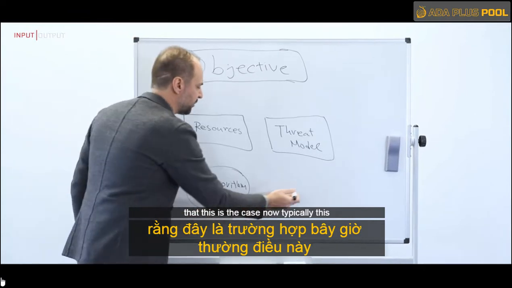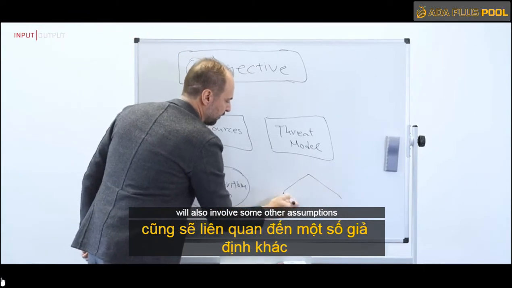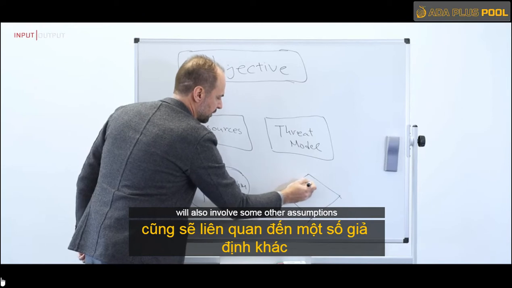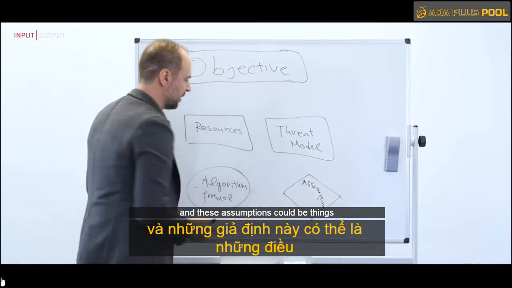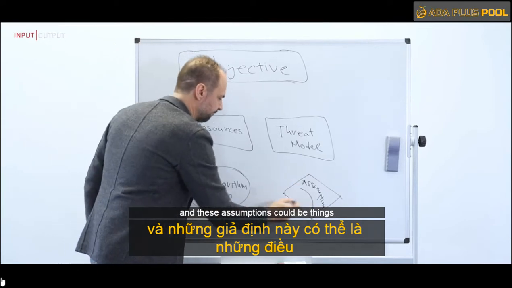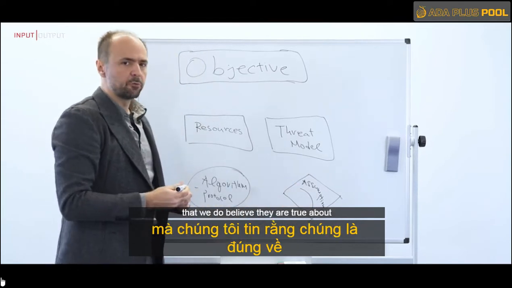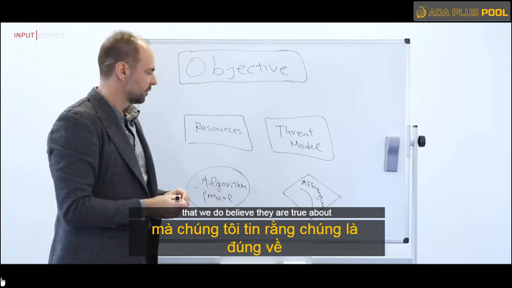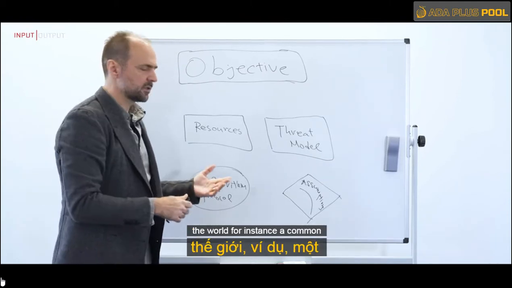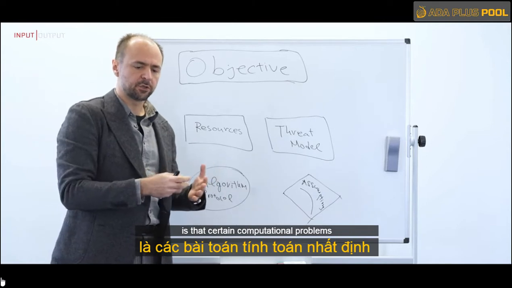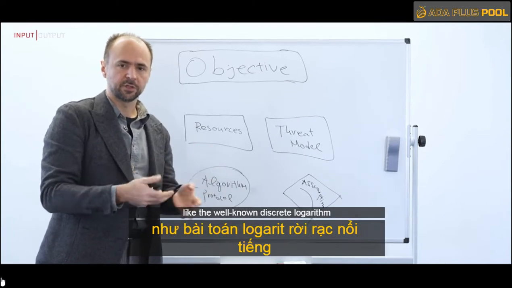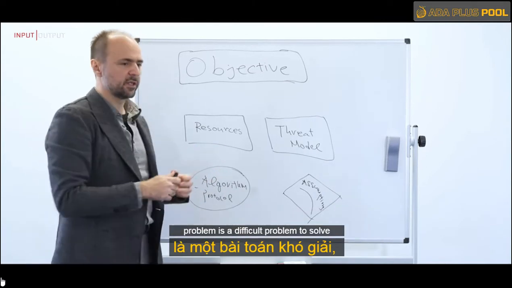Now, typically, this will also involve some other assumptions. And these assumptions could be things that we do believe they are true about the world. For instance, a common assumption that is used in cryptography is that certain computational problems, like the well-known discrete logarithm problem, is a difficult problem to solve.